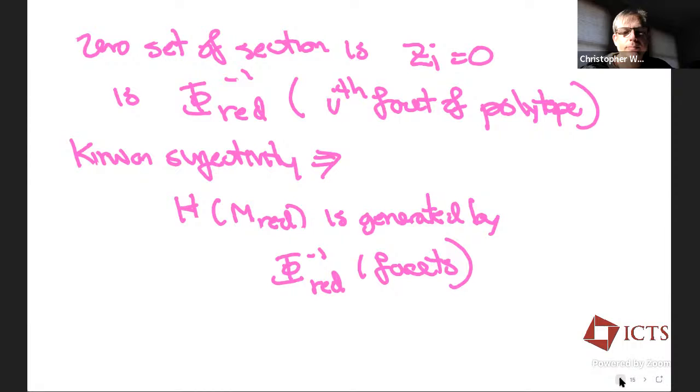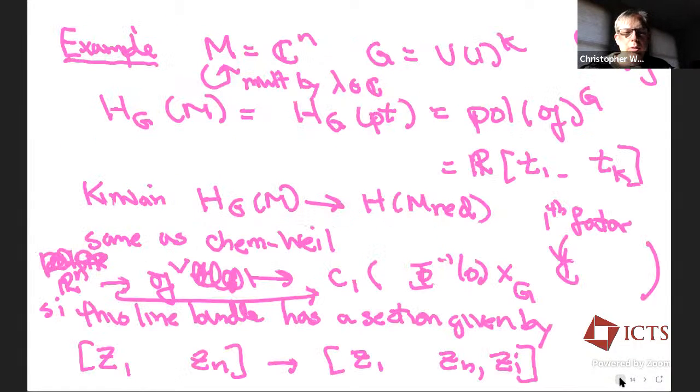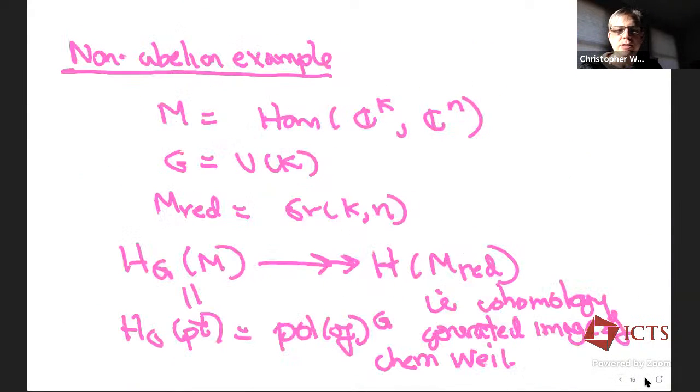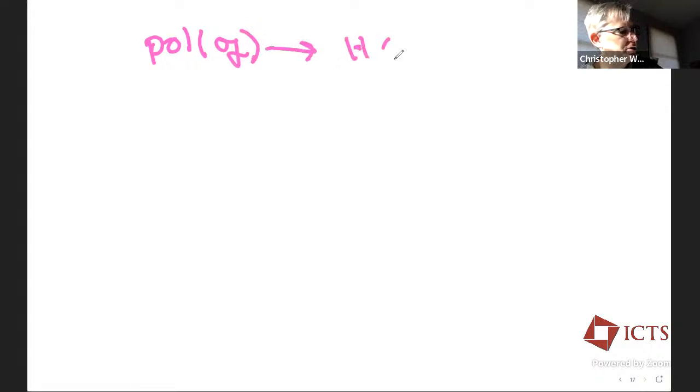So in this slide, you said something about the kernel of the Kirwan map in the toric example. Yeah. So the way to think about it is that we have this map from polynomials on G to H of M red.